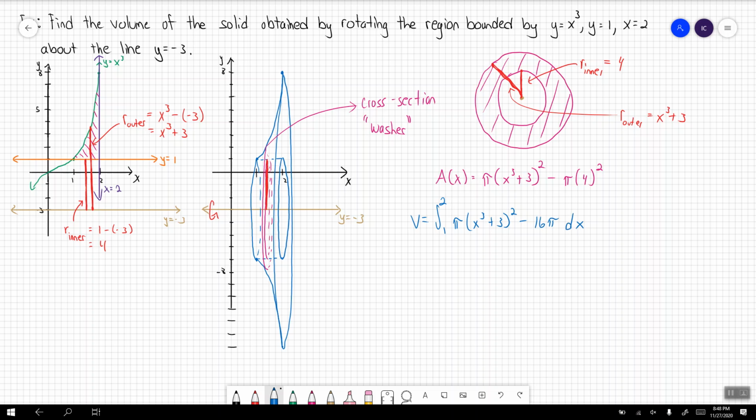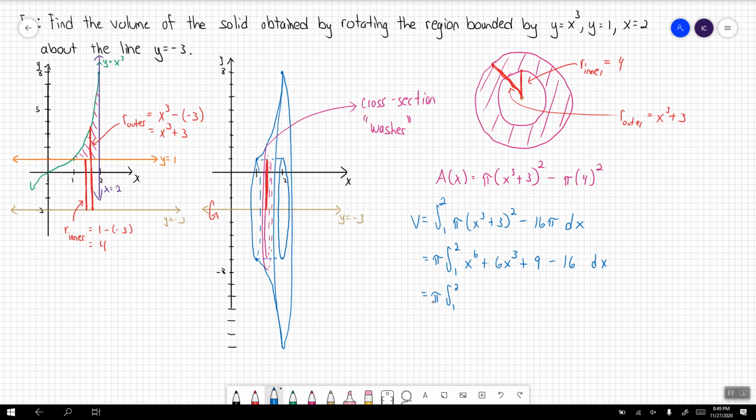So what does that mean for us then? Well, the pi is a constant. That's going to factor out. We go from the integral from 1 to 2. Let's expand this. x cubed squared, that's x to the 6. 2 times x cubed times 3, that's going to be 6x cubed, plus 3 squared, which is 9, minus 16. This is all dx.